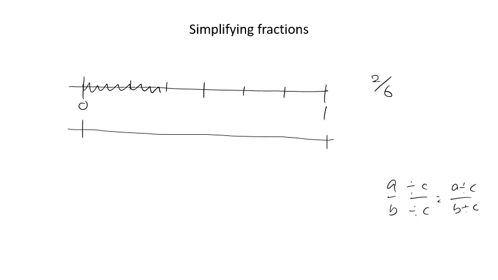But it's abstraction without anything concrete to support it. Well, why am I dividing by C? Why am I dividing the numerator and the denominator? I don't understand what's going on. I can get an answer. I can certainly divide both of these by 2 and get 1/3, but I don't know what it means, and more importantly, from a pedagogical standpoint, I don't know what it looks like.